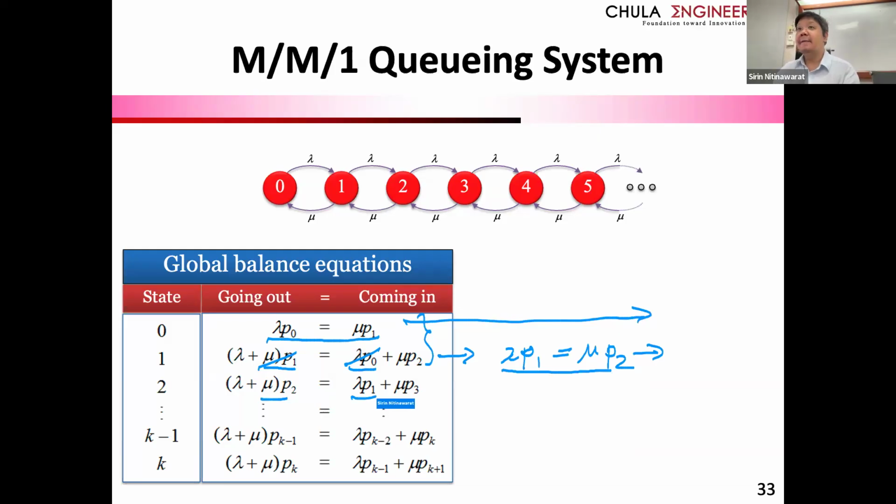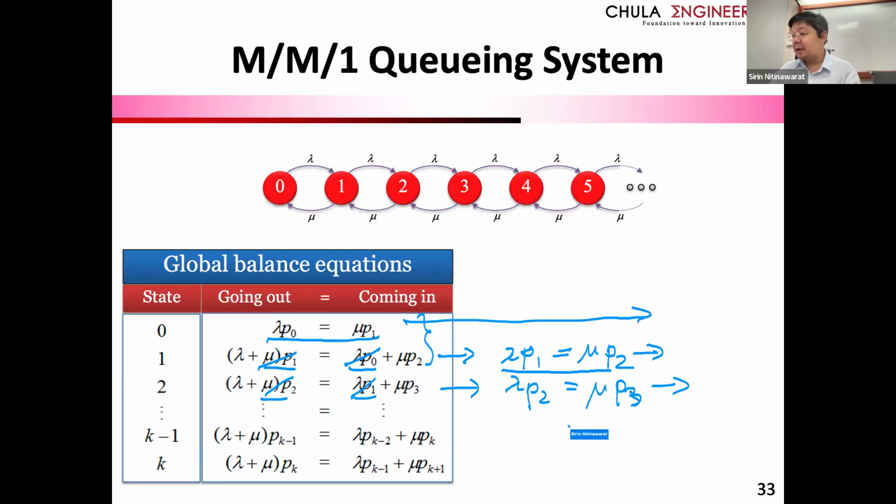Albeit on different sides, right? So why don't I cancel them as well? So what do I get? So now do you see the pattern? You see any pattern?